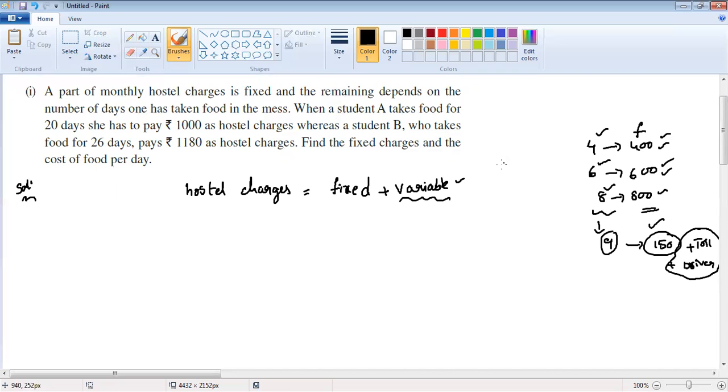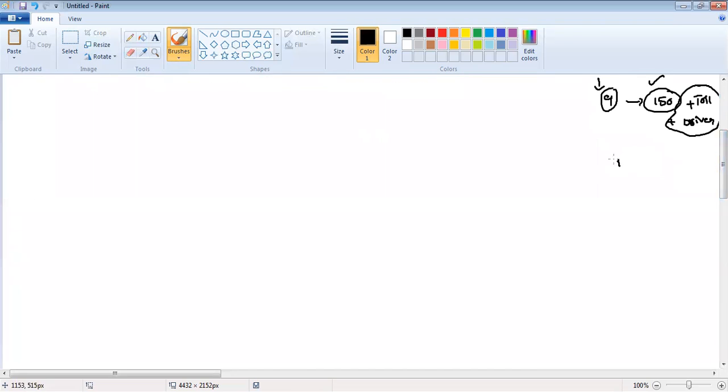Variable charges are different. And even if you have got a job, suppose you are a techie, in the sense you are a software engineer. Say you are fixed for some 90,000 salary. In 90,000, they will make some 56,000 or 60,000 as fixed charges. Then they will show the 90,000.